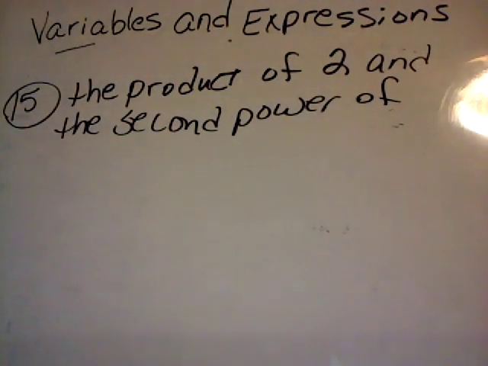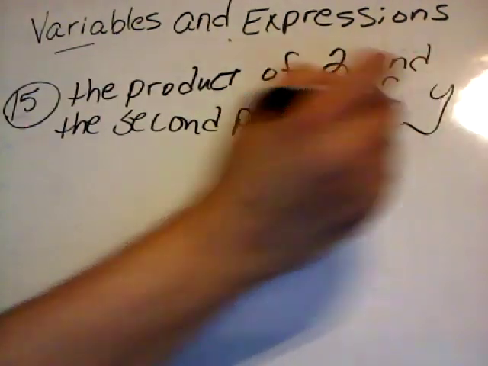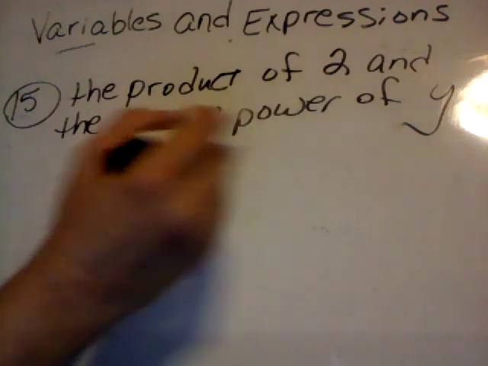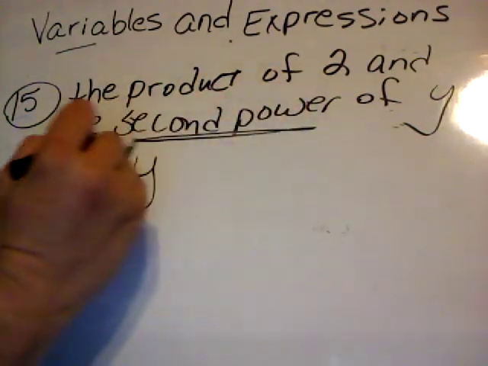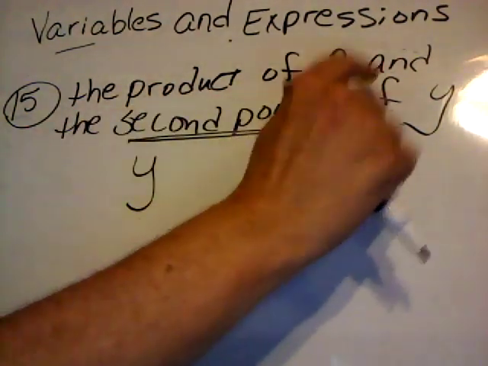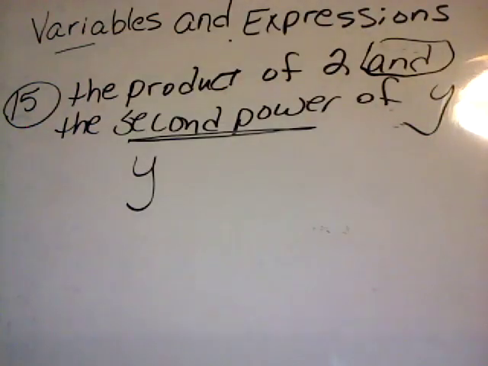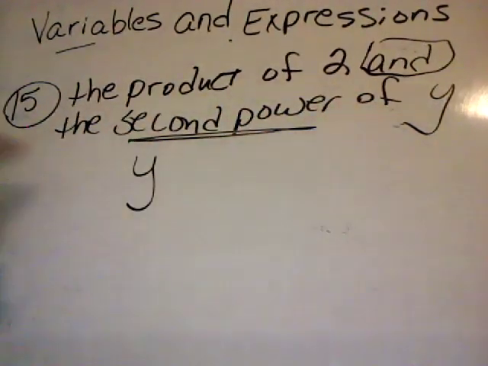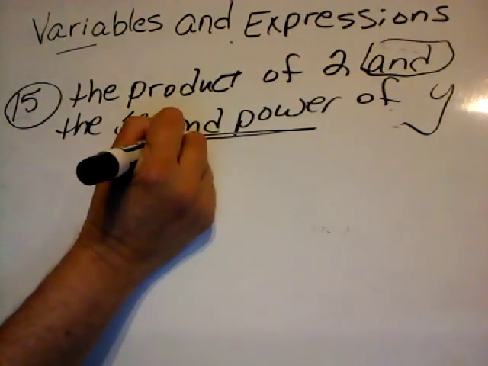So we know we're going to be multiplying. And so we're going to say the product of 2 and the second power of y. So we have y, and we know we're going to raise y to the second power because it says and. This is a very important word here, and. The second power of y. So y raised to the second power.